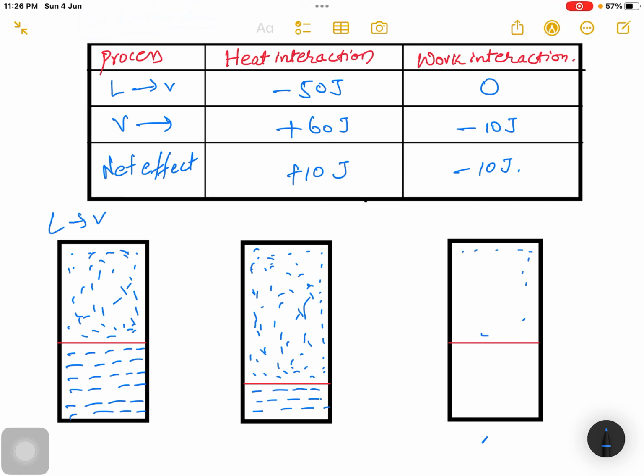Please pay attention guys. This is also a externally irreversible process.